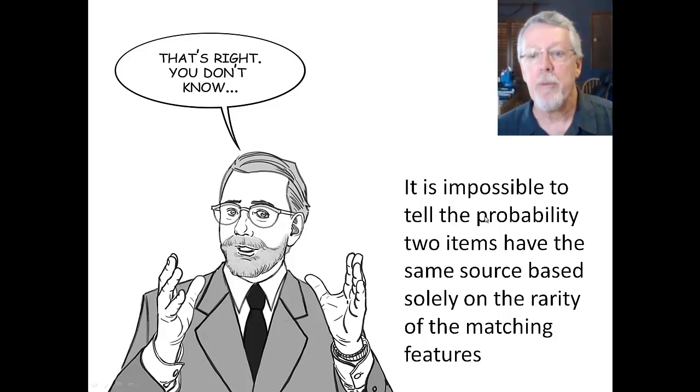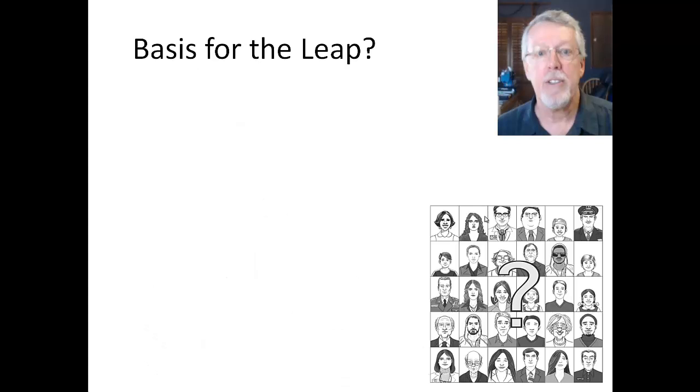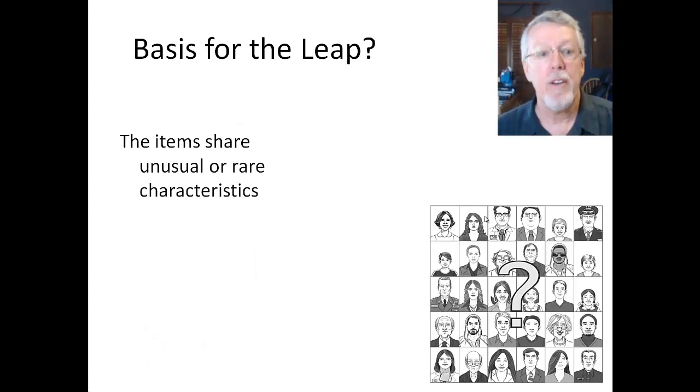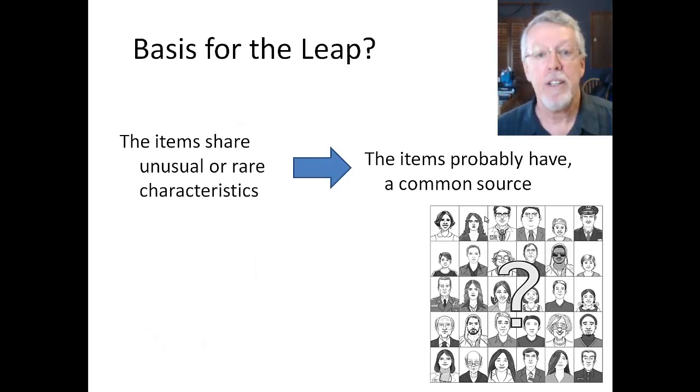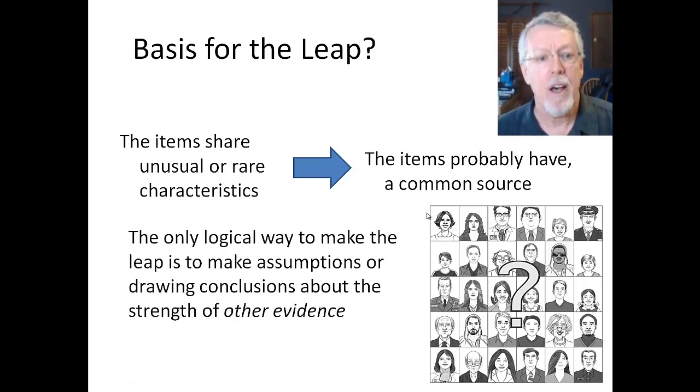If it's impossible to tell the probability that two items have the same source based solely on the rarity of the matching features, then how do forensic scientists make this leap from the items having shared features, which is what the forensic scientists observe, to the conclusion that they probably have a common source? How do they make that leap?